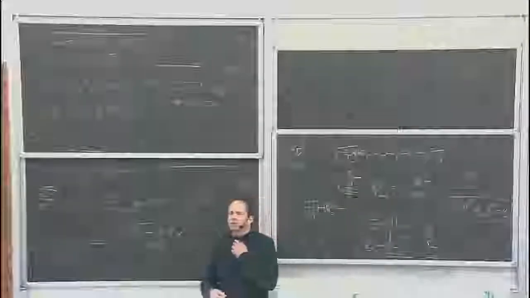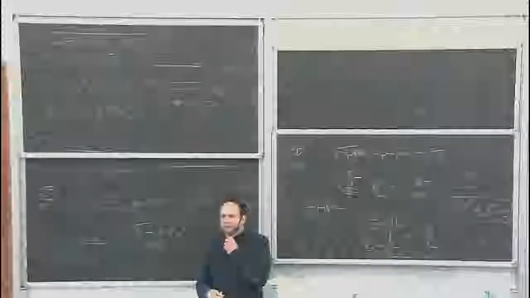Yes, there was a question? So, completely positive maps, I'm not sure that they were introduced in the other lectures, but this is the most general expression of a quantum channel. What is a quantum channel?